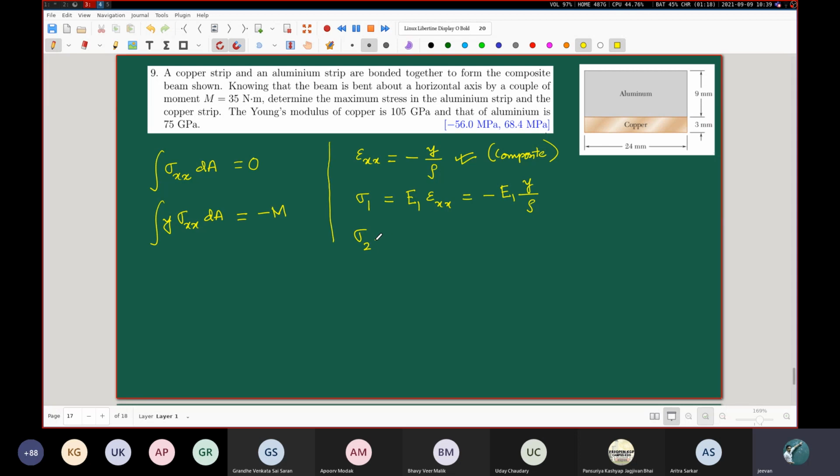And for the second material, this is going to be E2 into the same epsilon xx, because epsilon xx is the same for the entire cross section. This is going to be minus E2 y by rho. What does this do for us really? Well, when you realize this, you can come back to this equation, integration sigma xx dA equal to 0.